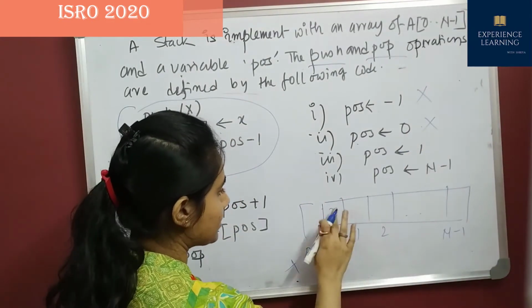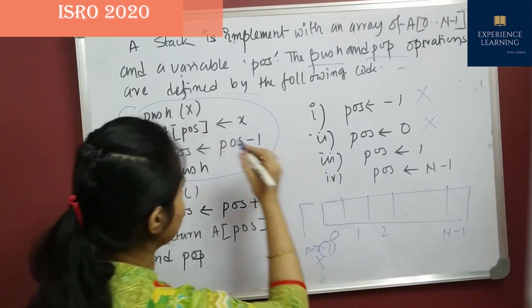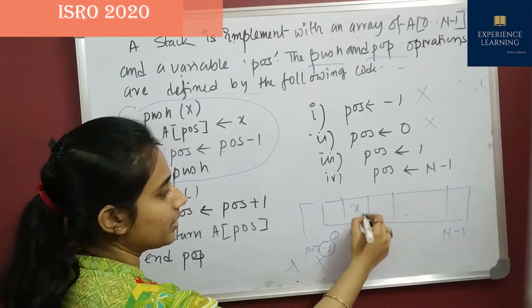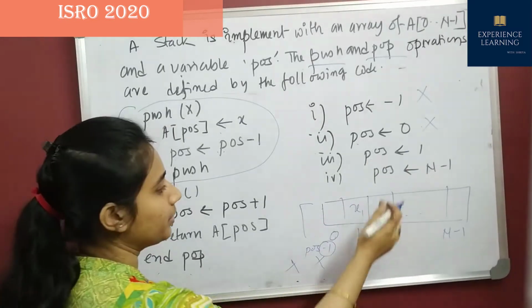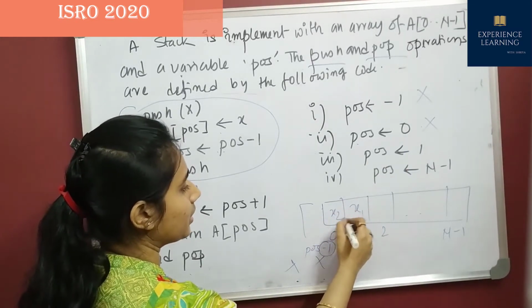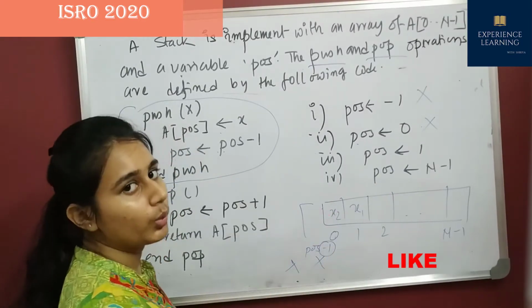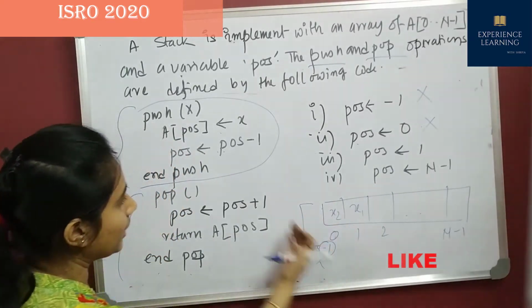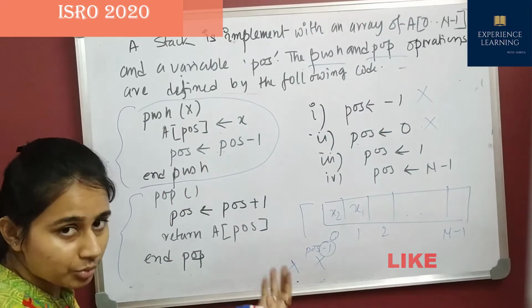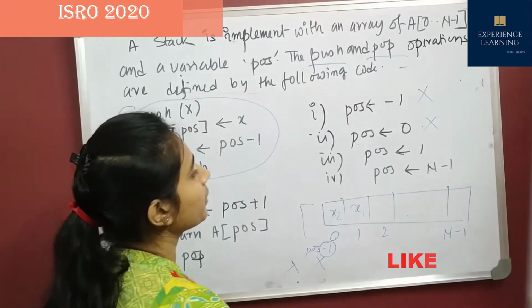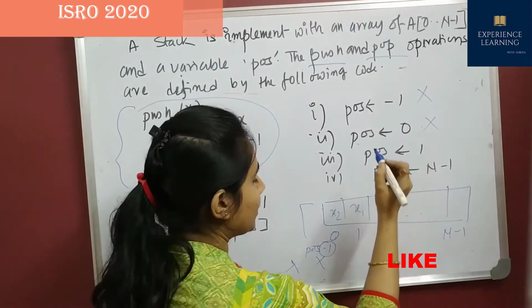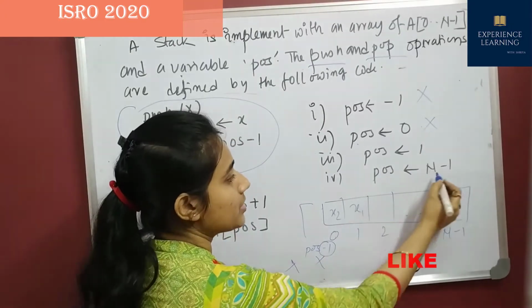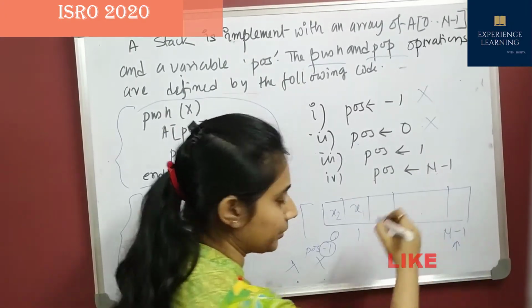Next one, same problem. x1 will be inserted here and x2 here, so we can insert only two elements, because after that it will be minus 1, minus 2, which is not possible. If I initialize the value of pos to n minus 1, that means here.